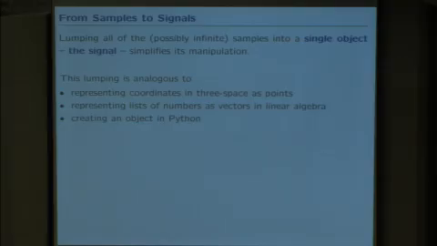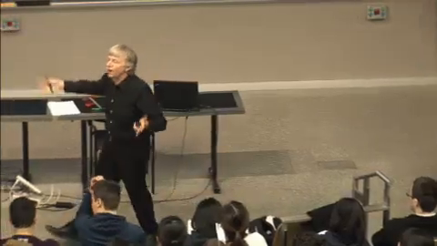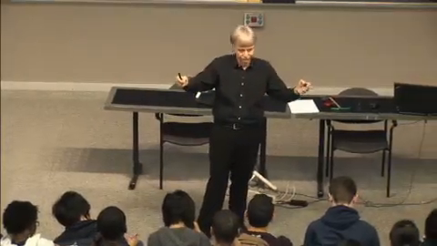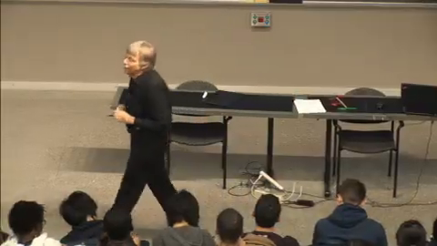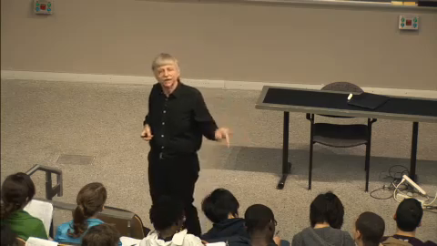This is the same kind of lumping that was key to abstraction in Python. Put all the interesting data together into a list. Put all the interesting operations together into a definition. Here, put all of the interesting samples together into one signal. So what we want to do is develop a math by which we can operate on signals instead of samples.